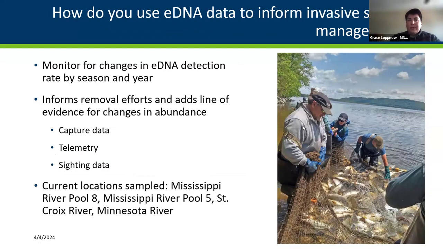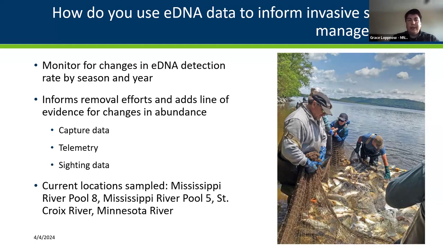So how are we using these data? These data help us monitor for changes in eDNA detection rates by season and year. We're looking at some key locations where we frequently capture invasive carp. And we're also looking at some key locations where we expect invasive carp might stack up.